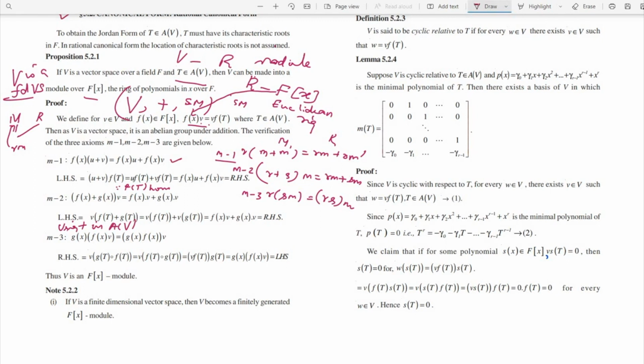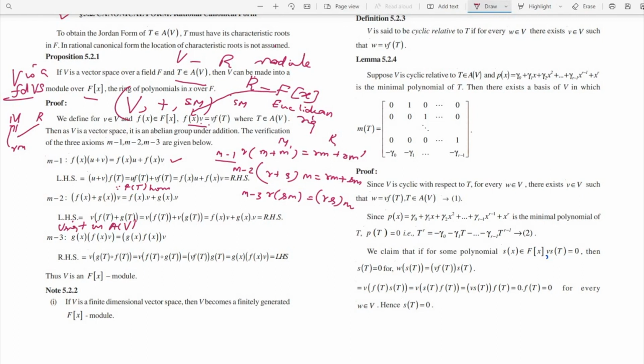And then to prove m3, so r into s m, so (f(x) g(x)) into v. If we consider this, then we have to show that this is g(x) into (f(x) v). So we shall consider the RHS first, and this is nothing but, by this definition, the image of v under this composition g(t) composition f(t).